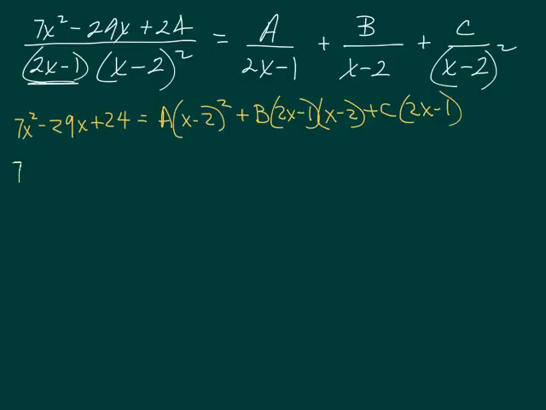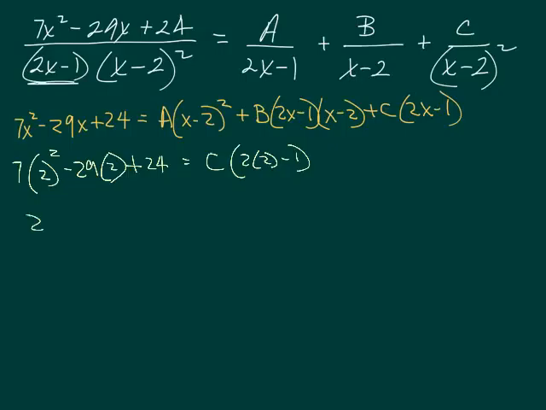I'm going to put a, what did I say, a 2 in here. Okay, and I know that's going to go away and that's going to go away. So I'm not even going to put those on there. Okay, so this gives me 28 minus 58 plus 24 equals 3c.